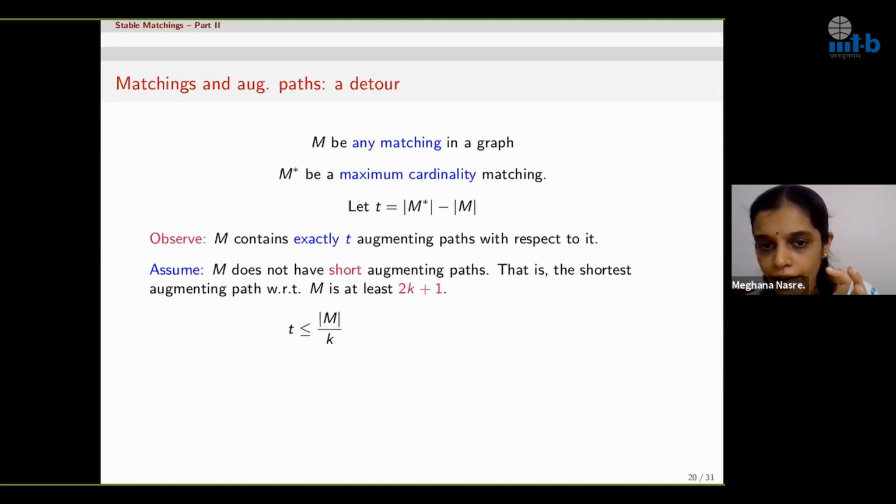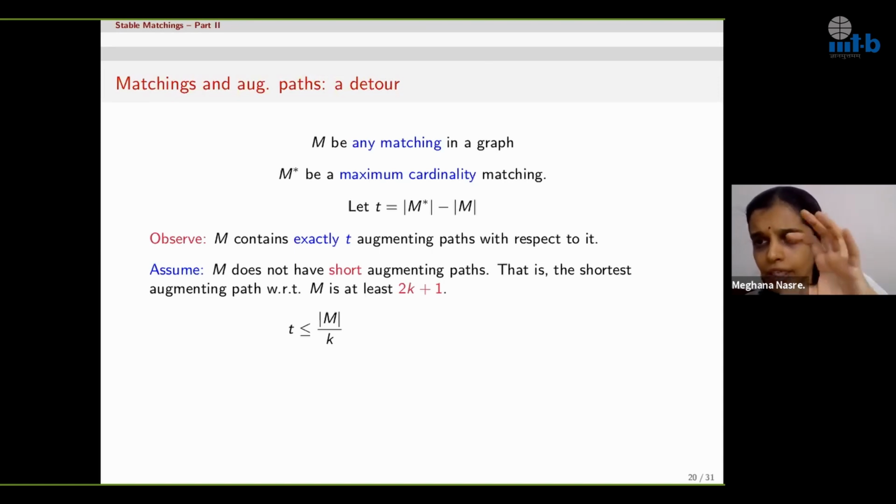If there are cardinality of M many matched edges, each augmenting path is going to use up some of them. Let's take one augmenting path. Every augmenting path is of length at least 2k plus 1, so it uses k matched edges and k plus 1 unmatched edges. That is where the 2k plus 1 is coming from.